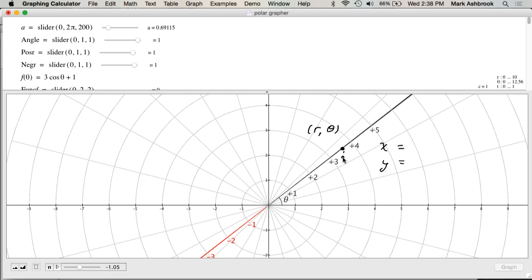Since this angle is the same as the trig angle, what will our x coordinate be? Based on our definition of cosine, which is the x coordinate with a radius of r, this should be familiar: x equals r cosine theta, y equals r sine theta.